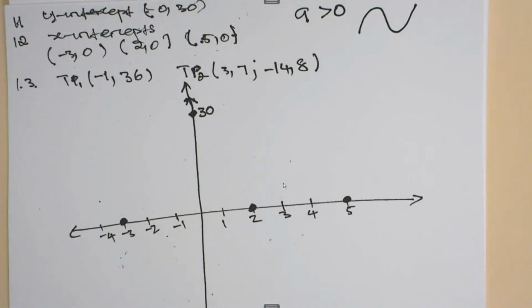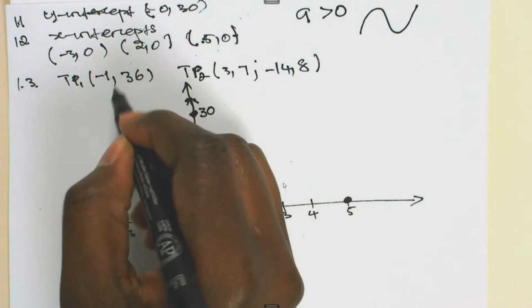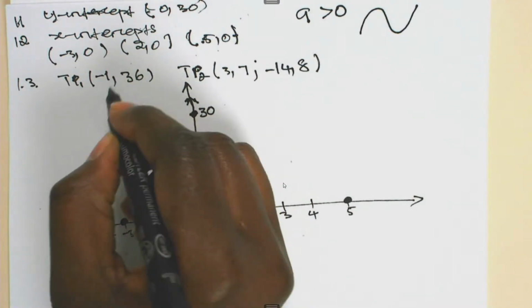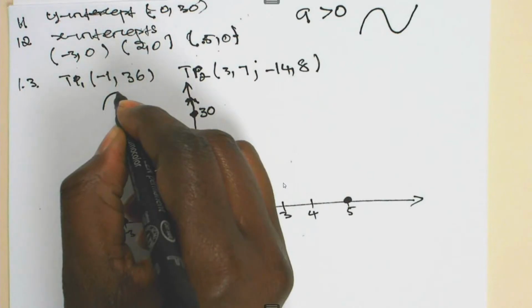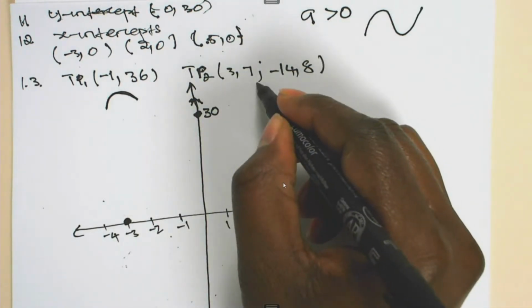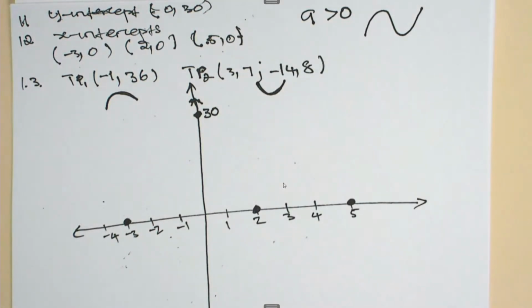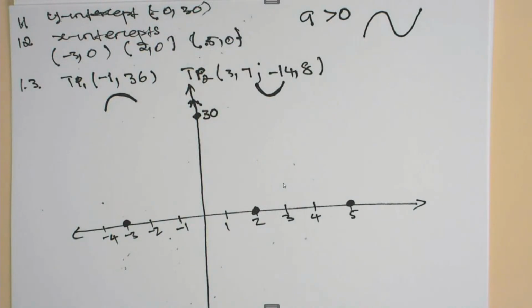And then from there, let us now plot our turning points. It goes without saying that for the smaller value of x, we're going to have the maximum turning point. And then for this one, it will be the minimum turning point. You need to classify that even before you sketch your cubic function.